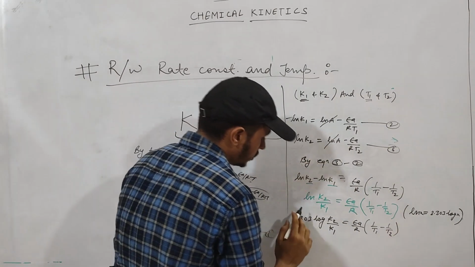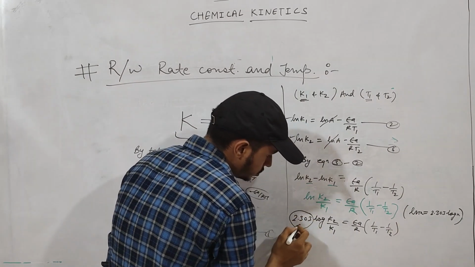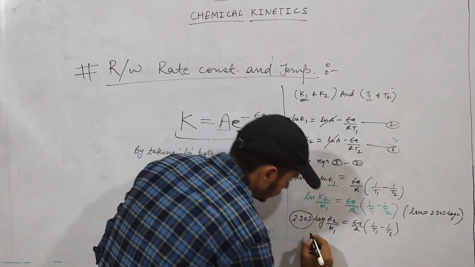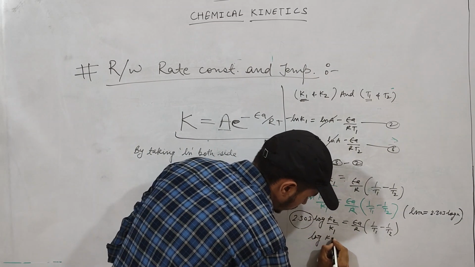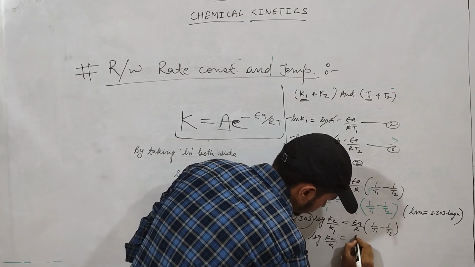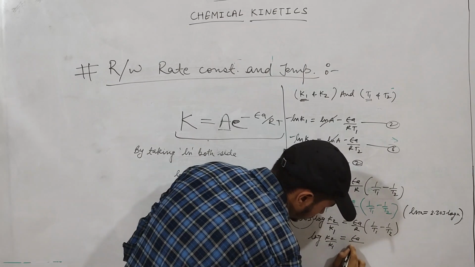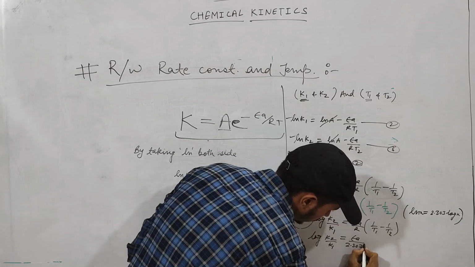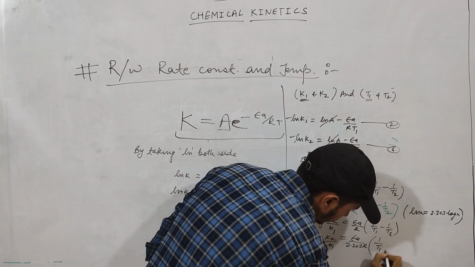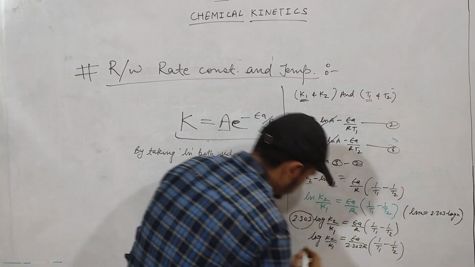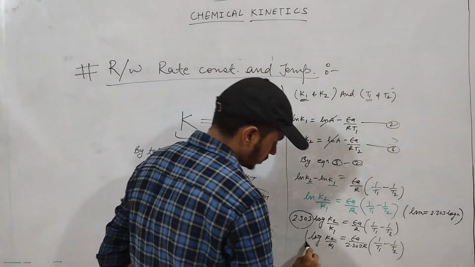This 2.303 will go in the denominator, so it will become log k2 upon k1 is equals to Ea upon 2.303 R, 1 upon T1 minus 1 upon T2. So this will be the final result.